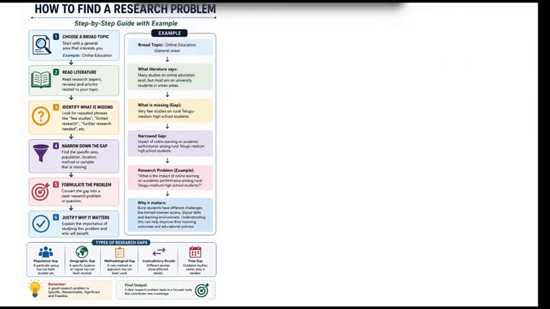It's not completely new knowledge that we can say. It already builds on the previous knowledge. That is very important. So this is how we use this particular process or procedure to frame the research problem. Thank you.